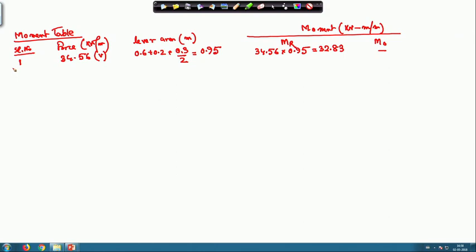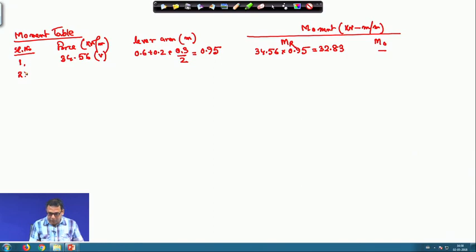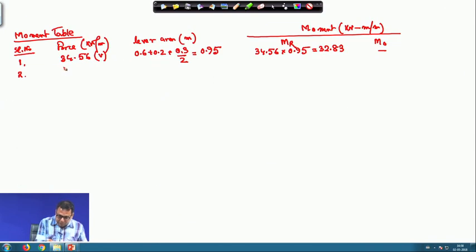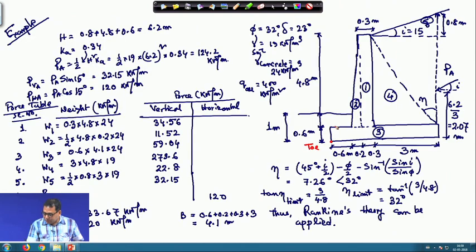So, all the vertical forces will give the resisting moment, and only the horizontal force will give the overturning moment. So, the second force is 11.52. Again it will act in the vertical direction, and this force is at 0.6 plus 2/3 of 0.2, because this is from this side.